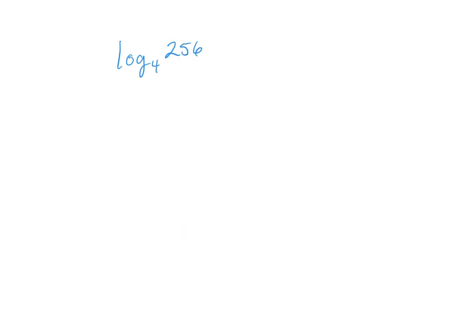Pause the video here and try to work this one on your own. Okay, so the first step you should have taken was to set this equal to x. Okay, now let's draw our circle to help us keep our numbers in order. So that tells us that we should have 4 to the x is equal to 256.